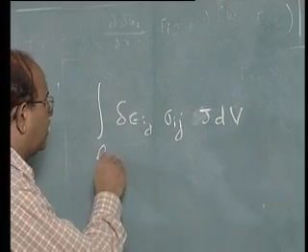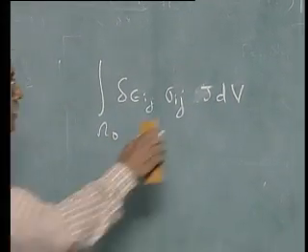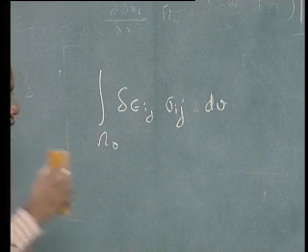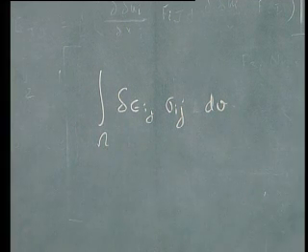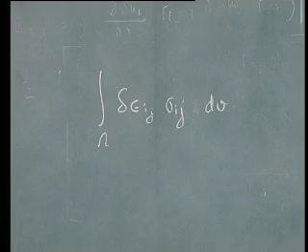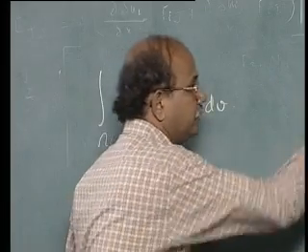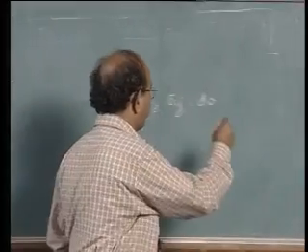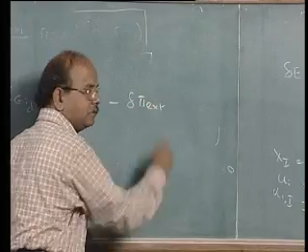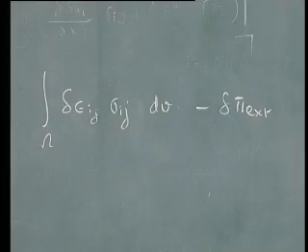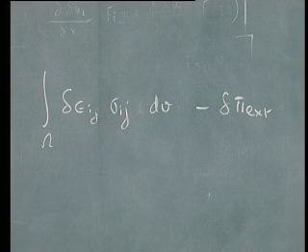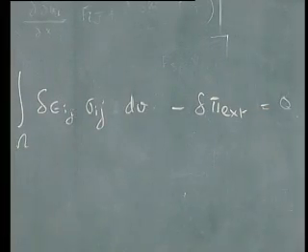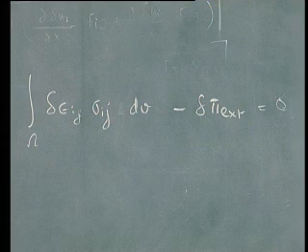So what was omega 0, when I convert this into small dV, will go to the current configuration. Of course, this is my delta phi, you will have minus delta phi external. This is my first variation. The first variation should be equal to 0. Is that clear?